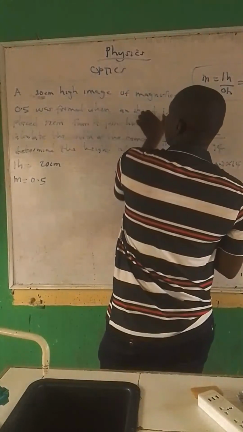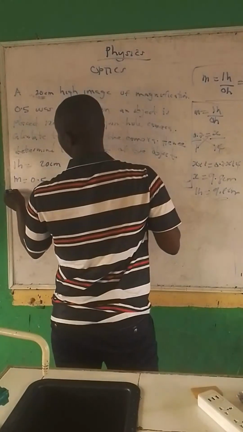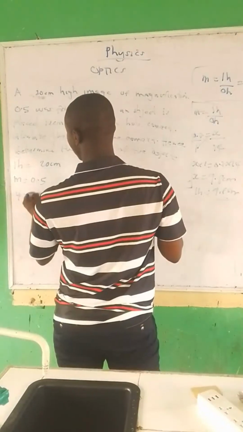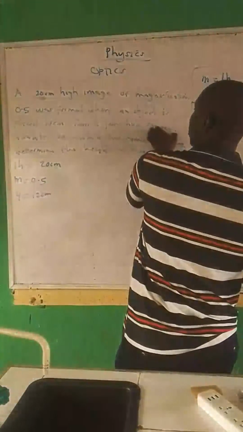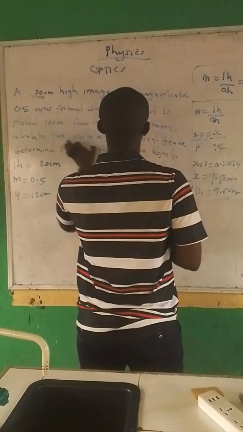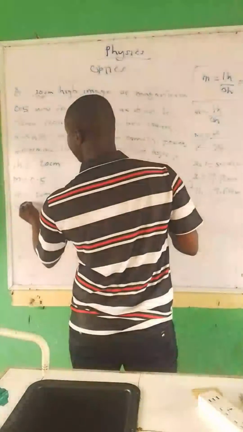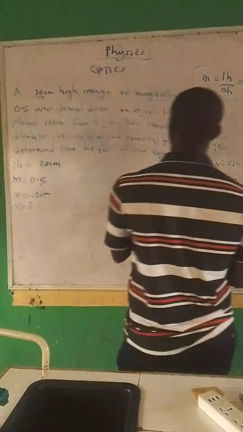Was formed when an object is placed 12 centimeters. That is the object distance, which is u, is 12 centimeters. From a pinhole camera. Calculate the width of the camera. We are looking for the width of the camera, which is the same as image distance.